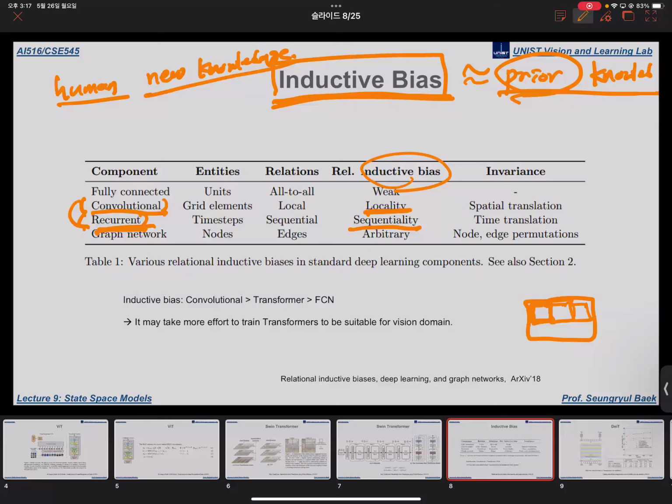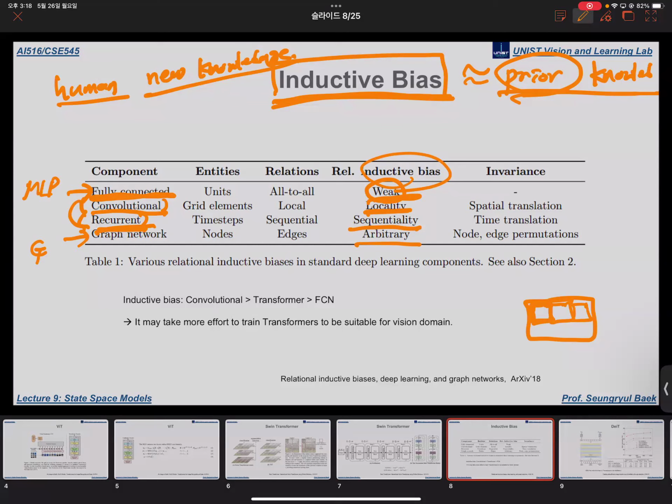The fully connected layer, which is the MLP, or the graph network have some inductive biases, but they are less compared to CNNs or RNNs, okay?